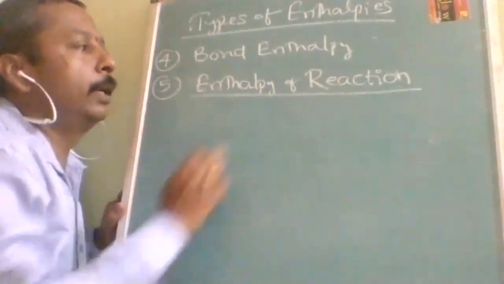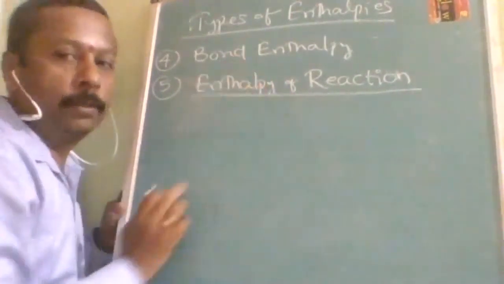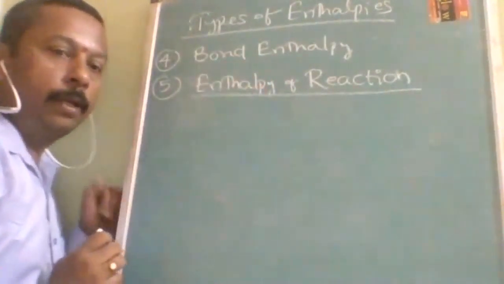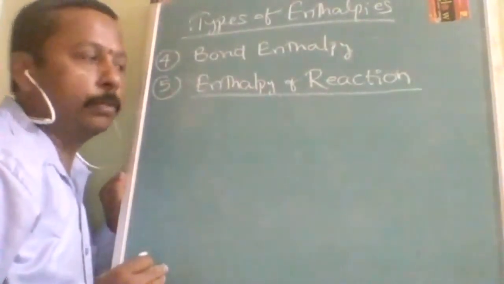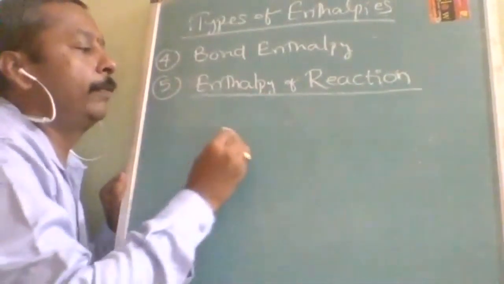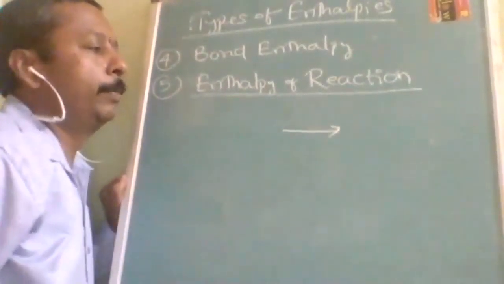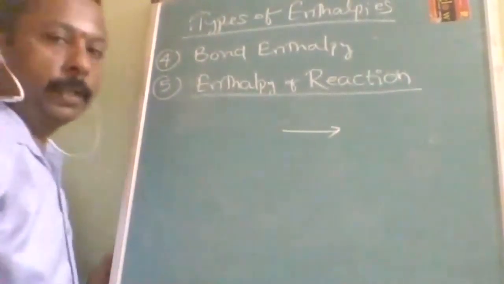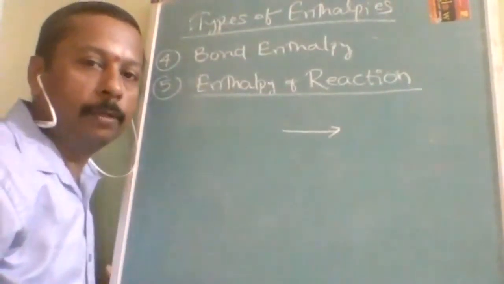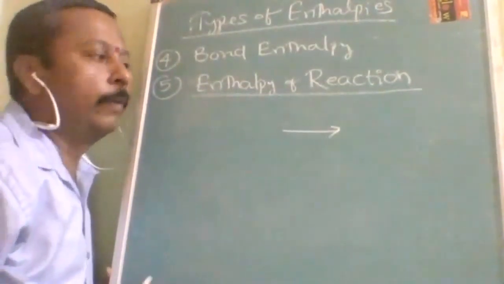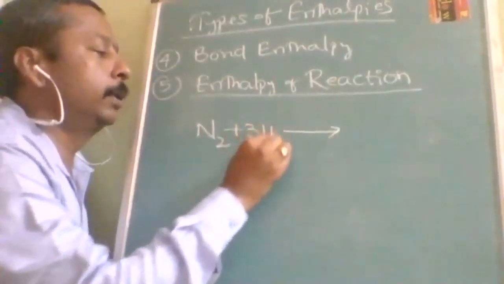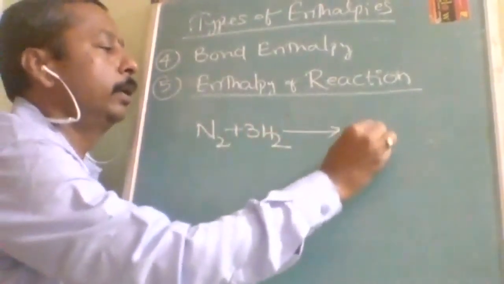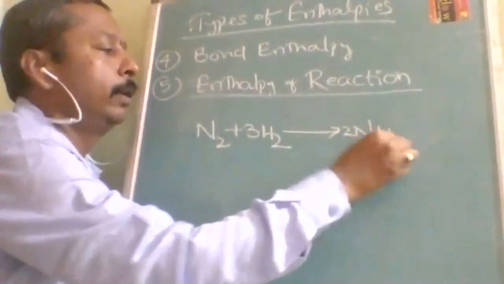I took this word in two places: one during bond enthalpy and the other during enthalpy of formation also. Okay, suppose enthalpy of reaction. Enthalpy of reaction is the amount of enthalpy change when all reactants are taken as per the quantities mentioned in the balanced chemical equation.